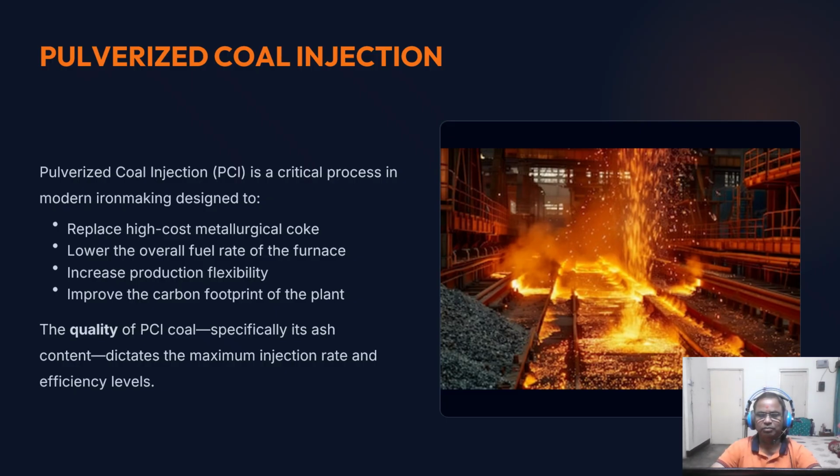But we have to see that processes often have an ash content, which dictates our maximum injection level also. So first of all, what is the ash and how minimum ash is there, that we need to see.